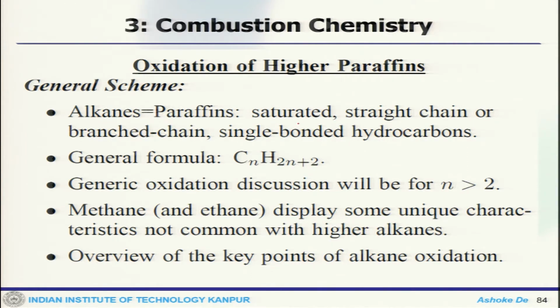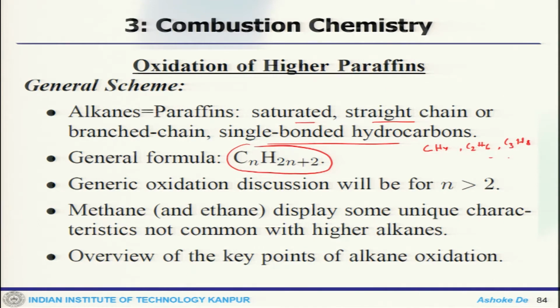Now, one can look at the general system of higher paraffins, or alkanes, which are saturated straight chain or branch chain single bonded hydrocarbons. One can represent them in a series CnH2n+2. For example, CH4 where n is 1, so you get H4, then C2H6, C3H8 and so on, which are methane, ethane, propane, butane, like that.